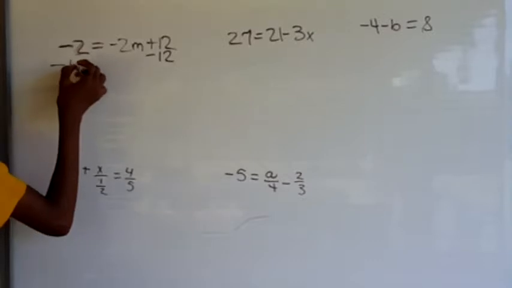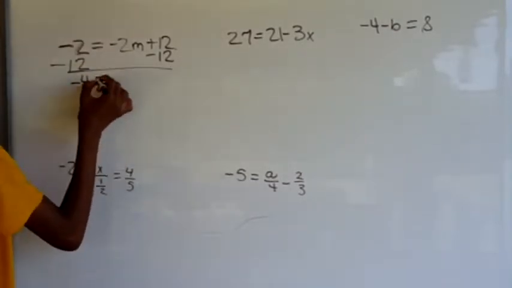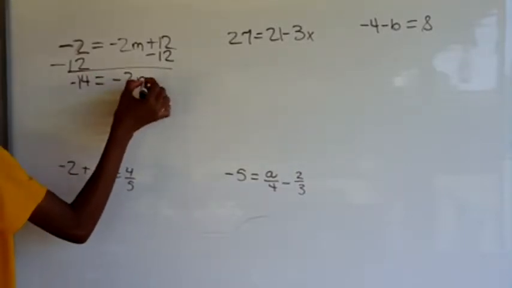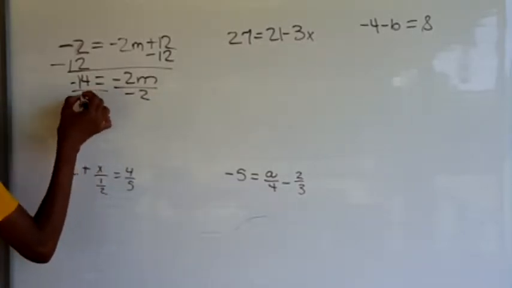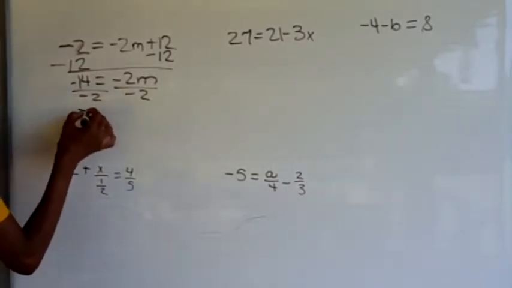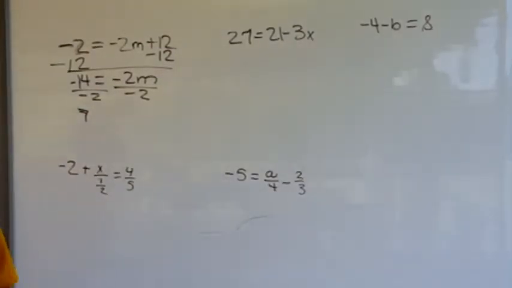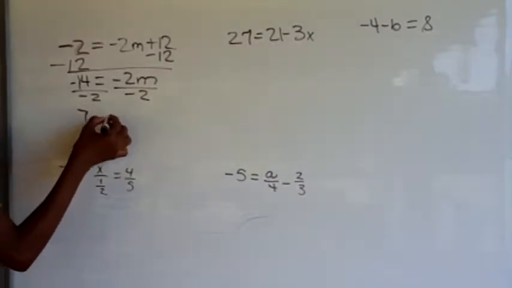So we subtract 12 from both sides. So this is going to be -14 equals -2m. Then we divide by -2. That leaves us with +7 equals m.